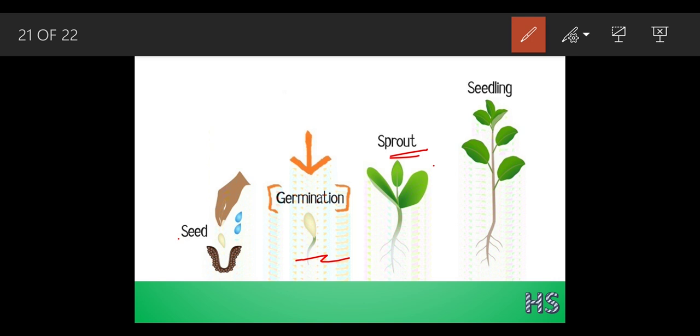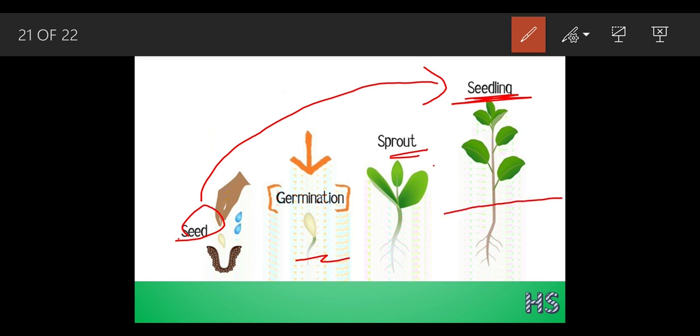But when this seed gets converted into a seedling, it develops into a new plant. Suppose this is the soil surface; we can see a proper root system, this is the shoot system, and we can see the leaves also out here.